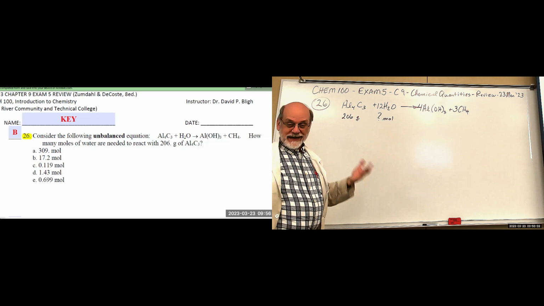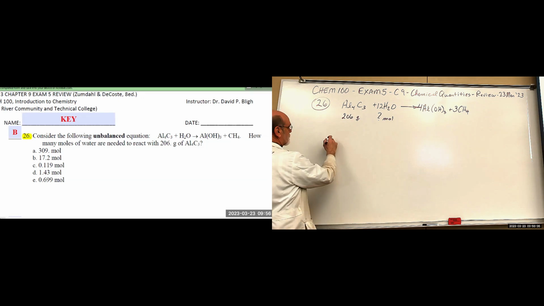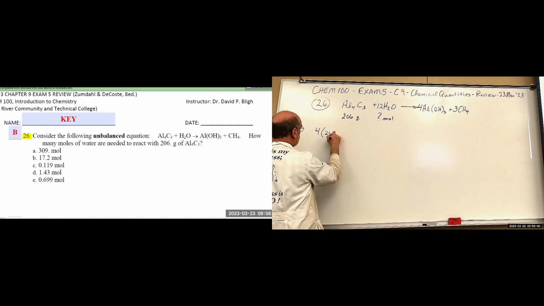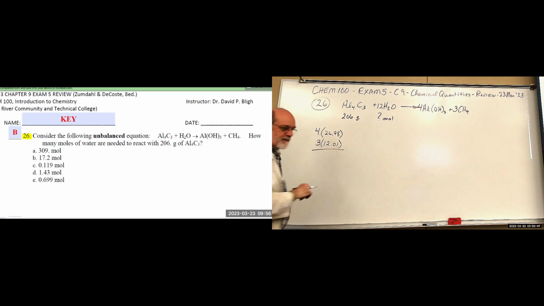So we have to calculate the aluminum carbide molar mass. It's 4 times aluminum, which is 26.98, and then 3 carbons, 12.01. Right?